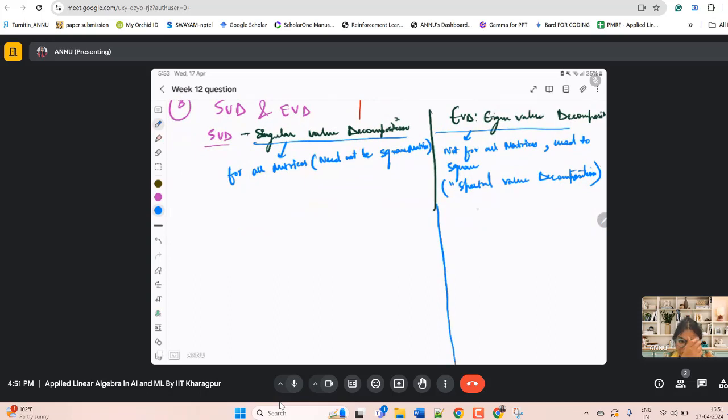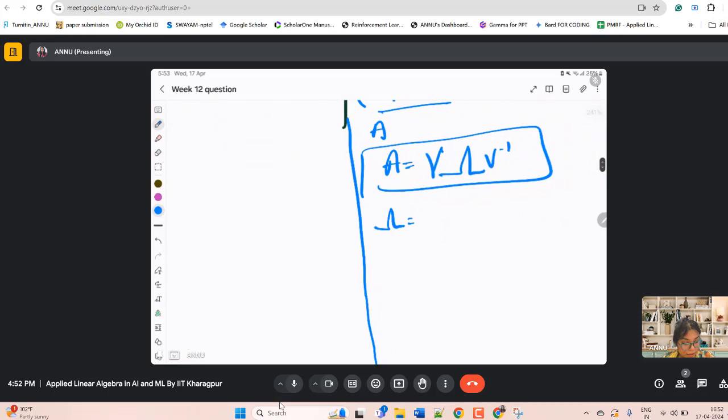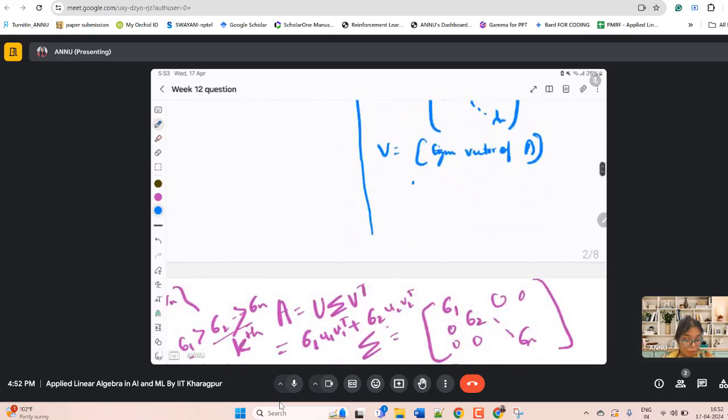So if we write EVD for any square matrix A, so A is equal to V lambda V inverse. So this lambda is lambda 1, lambda 2, so on, lambda n. V is eigenvectors of A. So from this you can say that Ax equals lambda x, also only valid for square matrix.